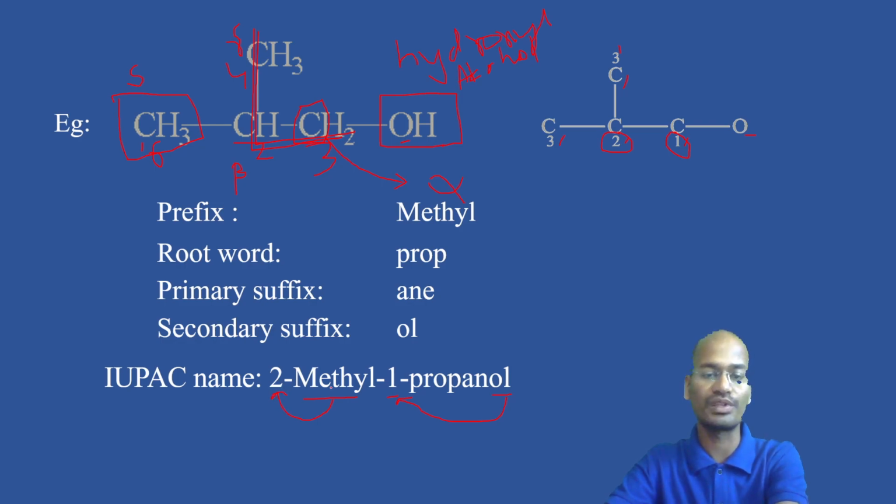That's why 2-methyl 1-propanol is the IUPAC name for this given molecule. And the molecule is going to be, for your easy understanding, I am trying to erase everything here for better visualization.